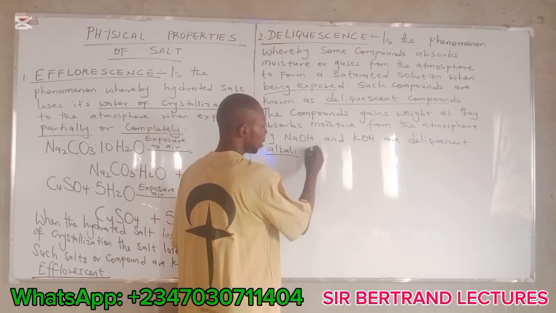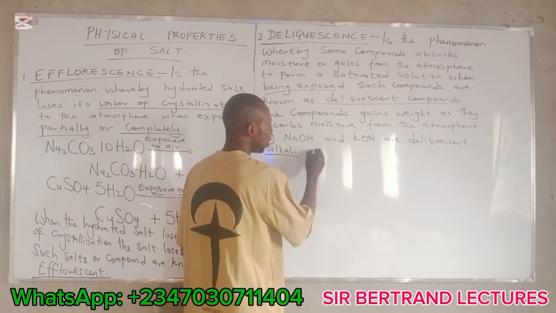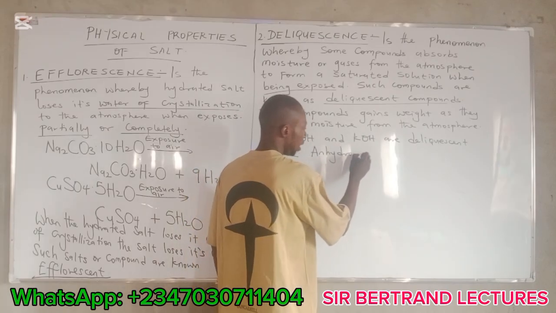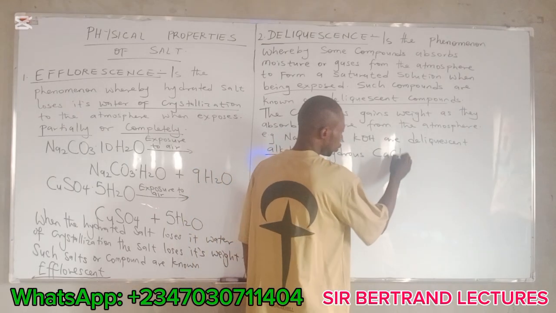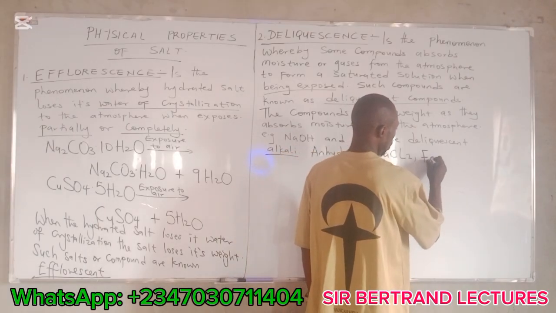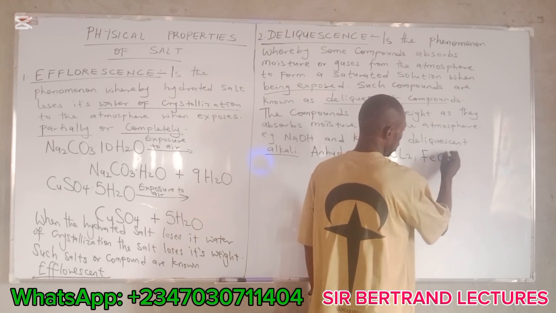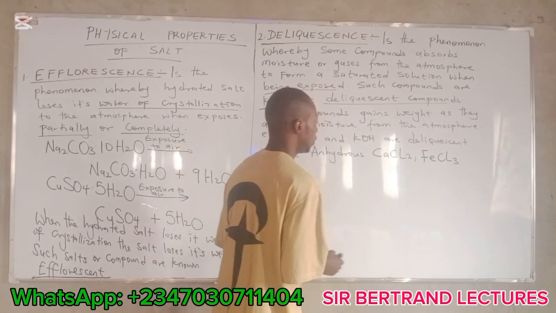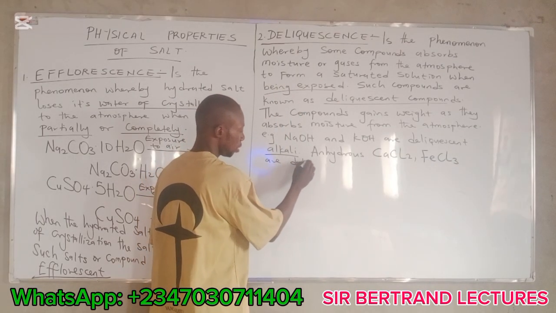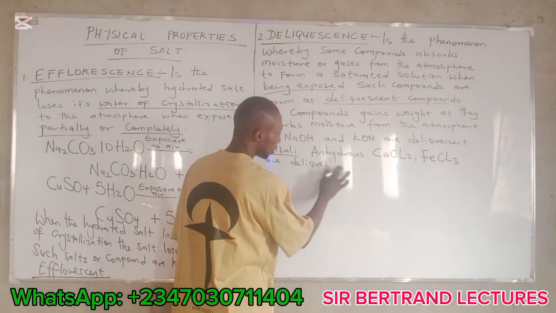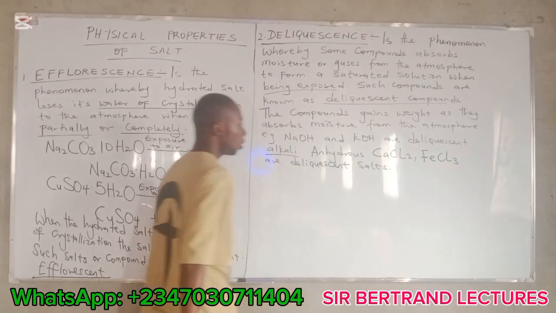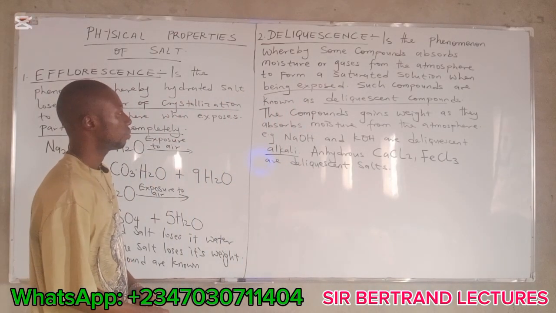Then others like calcium chloride, we call it anhydrous calcium chloride salts, iron 3 chloride, are the deliquescent salts.